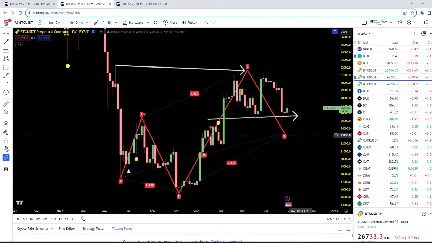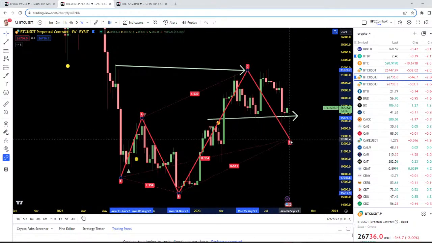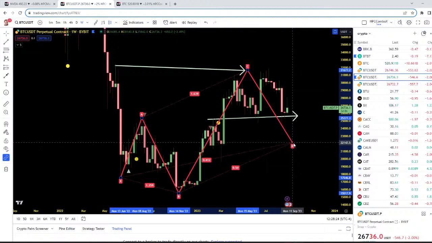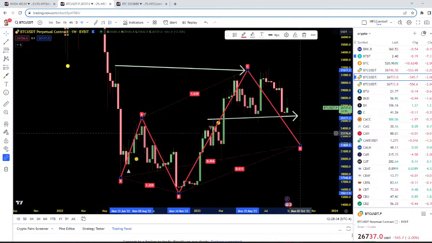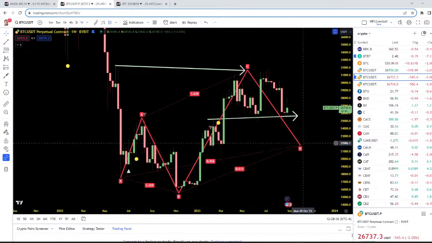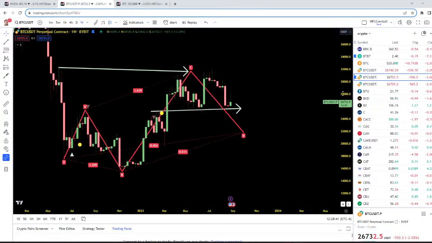It points to 23 as a 5-0, or even as low as maybe a 618, which is low 20s. The 618 is like 21.6, I think, from the November lows. Yeah, 21,742, something like that.